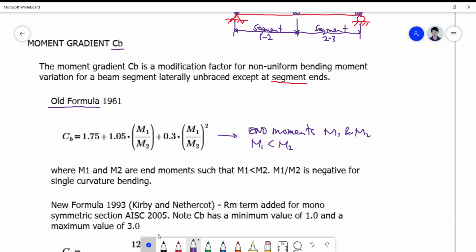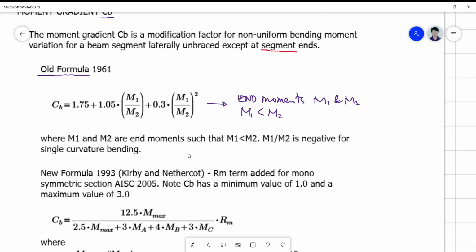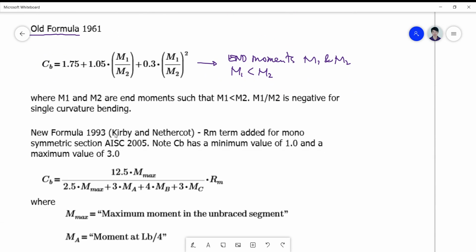The other formula is the new formula of 1993 by Kirby and Nethercot, in which the Rm term was not yet included and was only included in AISC 2005.